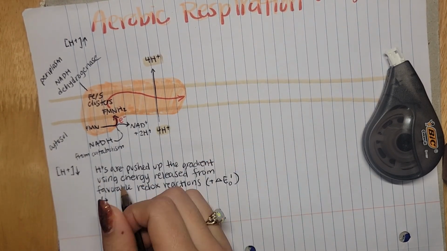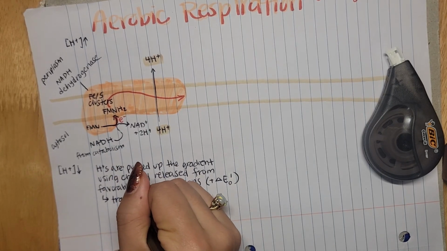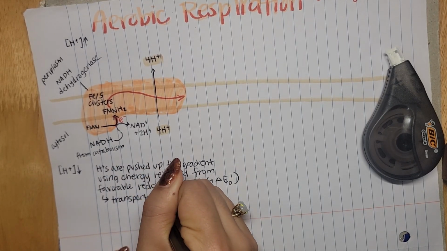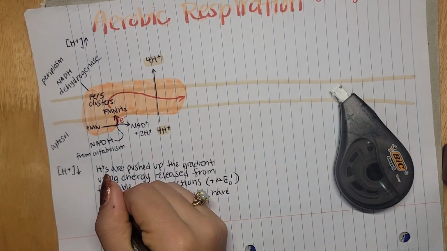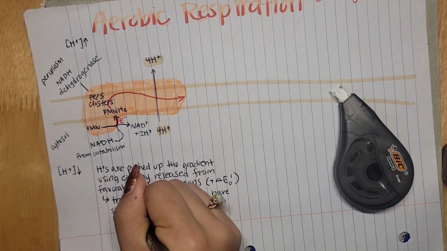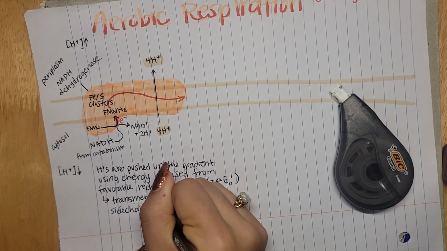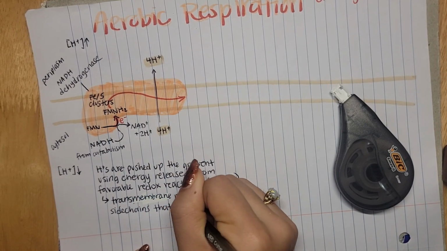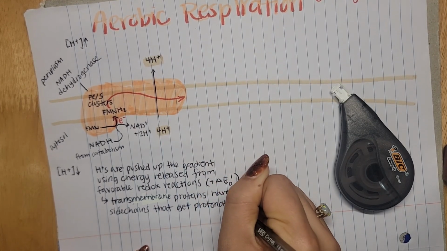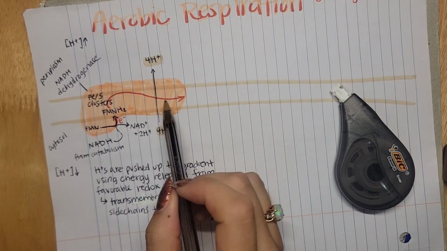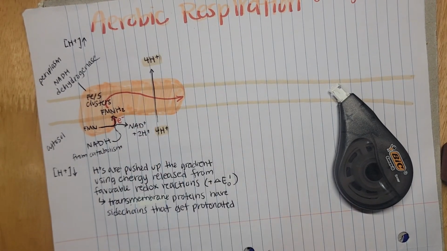And the way that we do that is the transmembrane proteins involved in NADH dehydrogenase, the physical protein, have side chains that can get protonated. And then they can be deprotonated. So that means that a proton can travel along one of the proteins until it's pushed out into the periplasm.